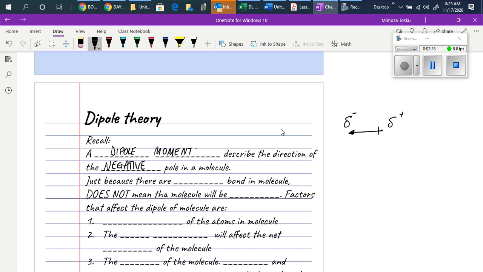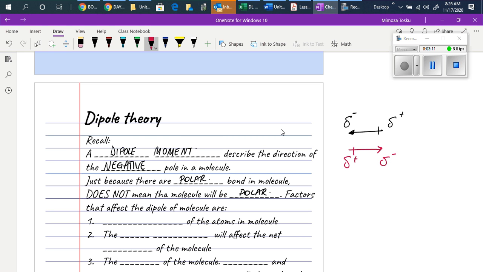Just because there is a polar bond in a molecule, that doesn't mean that the molecule itself will be a polar molecule. The reason is that you can have one dipole moment that goes in this direction, and on the same compound you can have a dipole moment that goes in the other direction, leaving this slightly positive and this slightly negative.